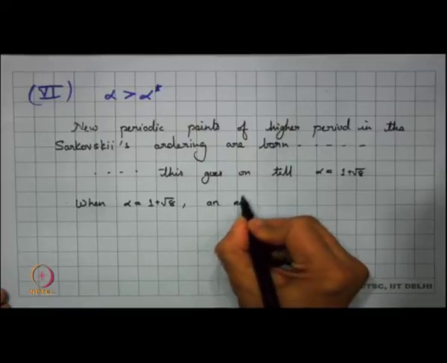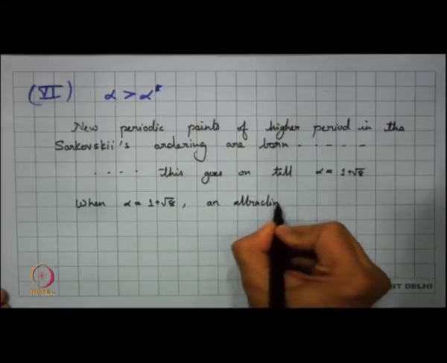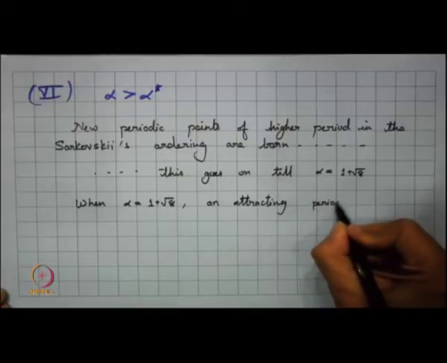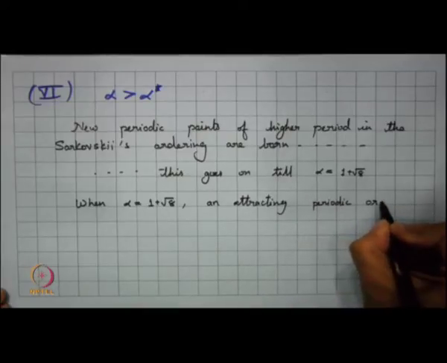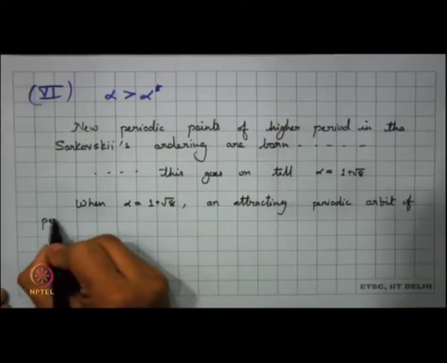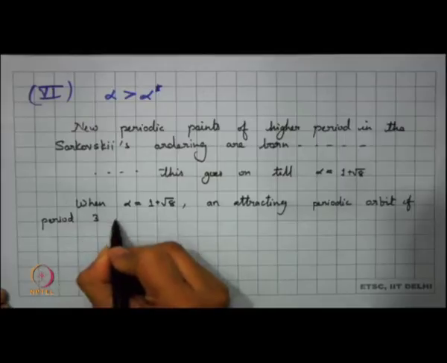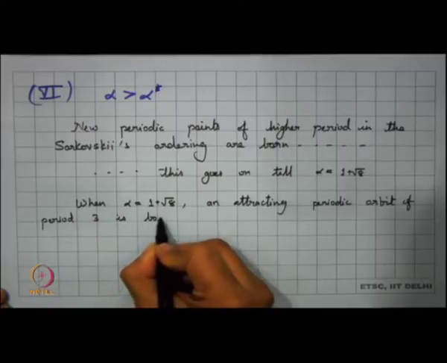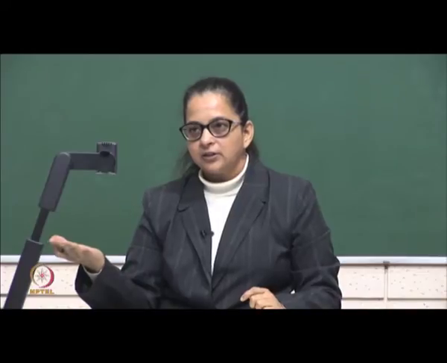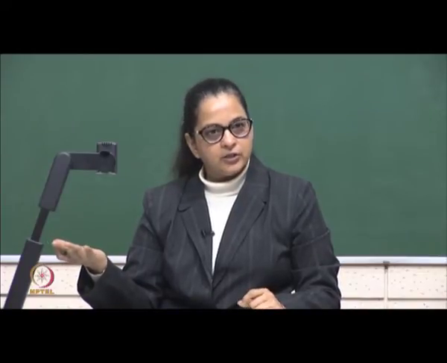an attracting periodic orbit of period 3 is born, and we know that 3 is the largest number in Sarkovskii's ordering.